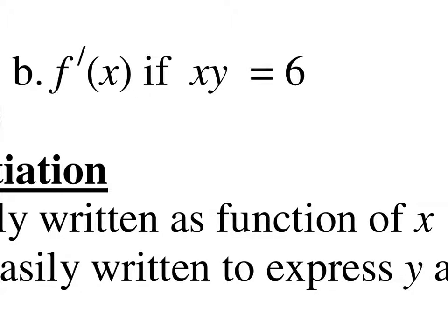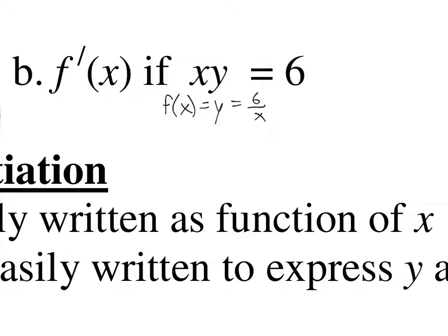We want f prime of x. Well, right now, we have xy equals 6. Could you divide both by x? All right, we're going to divide both sides by x. That'll make it y equals 6 over x, which I could express as f of x.